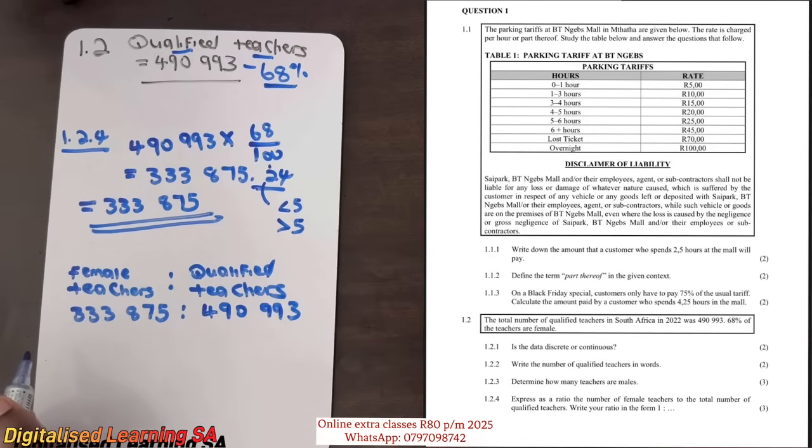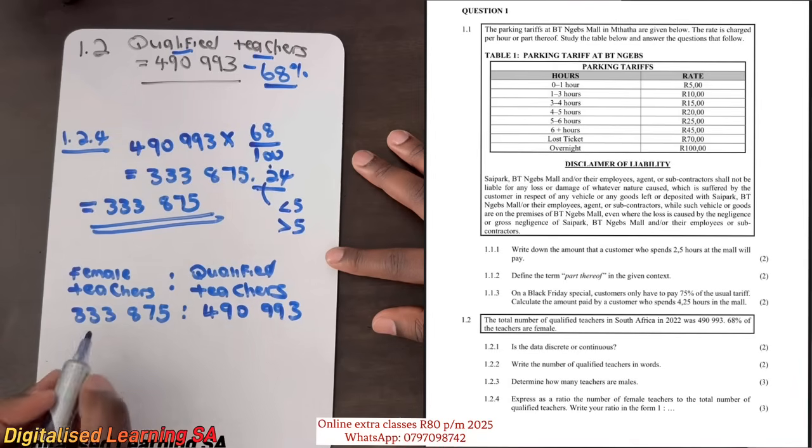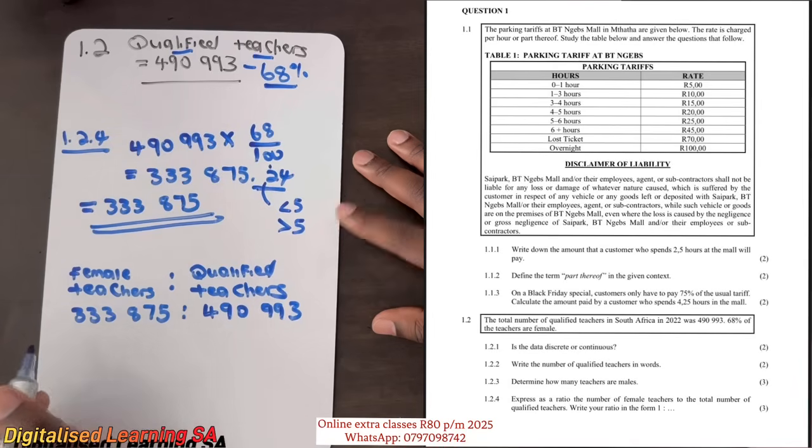And we are also told that we need to express our ratio in the form of 1:2. What does that mean? It means that this side needs to be 1, and then another number here. So how do we do that? We do that by dividing this side by itself. Remember that if you divide a number by itself, the answer will always be 1.